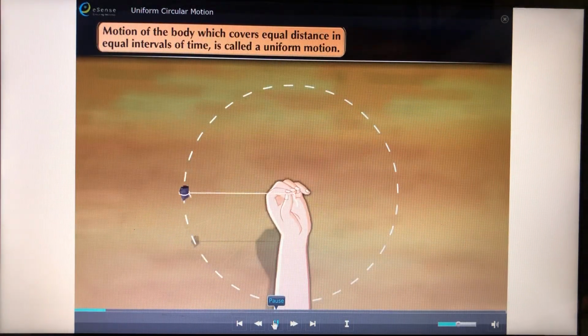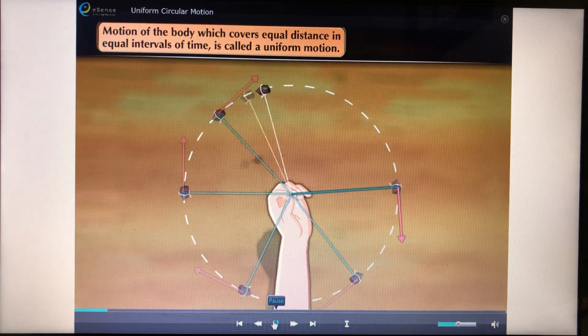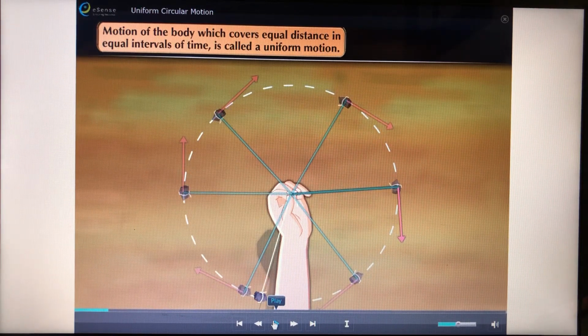Motion of the body which covers equal distance in આ જે મેં કીધું ને એ મારા લેપટોપમાં બધું રેકોર્ડિંગ હોય છે ને એ પ્રમાણે હોય છે. હા, મારા લેપટોપ પ્રમાણે ચાલે. પણ હવે તો આ રેકોર્ડિંગ થઈ ગયું એટલે હવે એવું પોસિબલ ના થાય. મારા ક્લાસરૂમમાં એ 100% રાઈટ છે. તમે ક્લાસમાં આવશો ને એટલે હું બતાવીશ એક ક્લોક. પણ આ તો રેકોર્ડિંગ થઈ ગયું એટલે પછી એવું નહીં થાય.